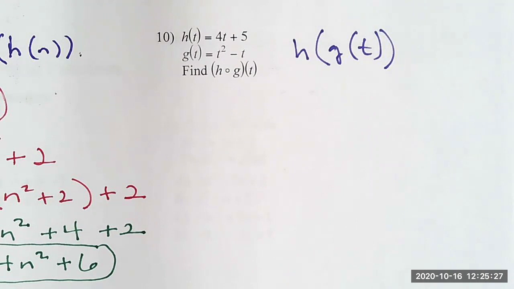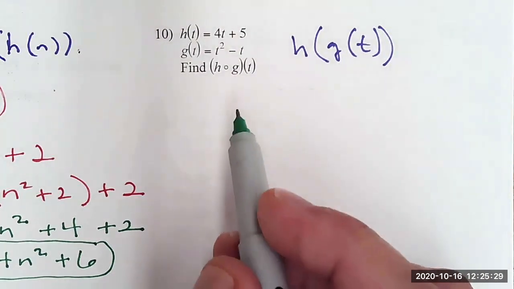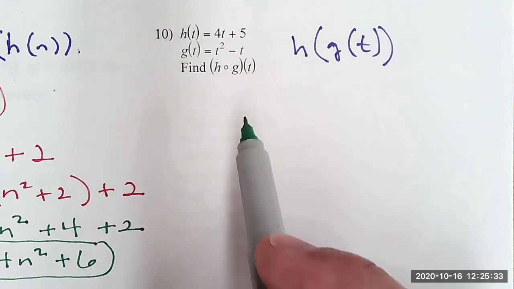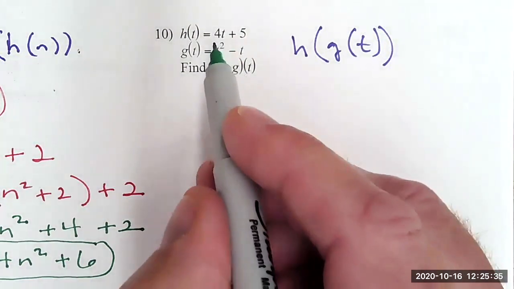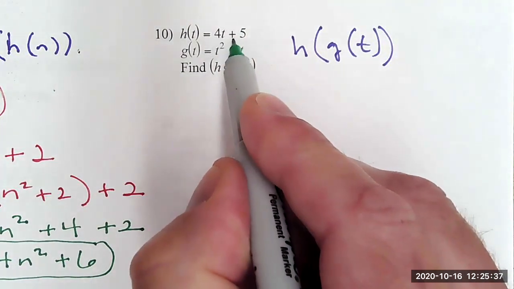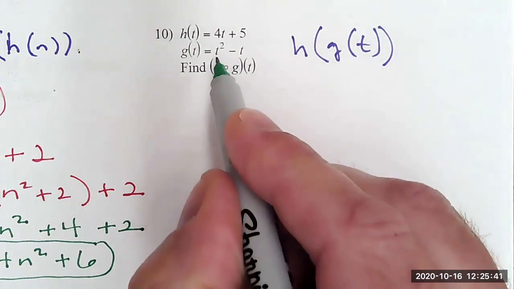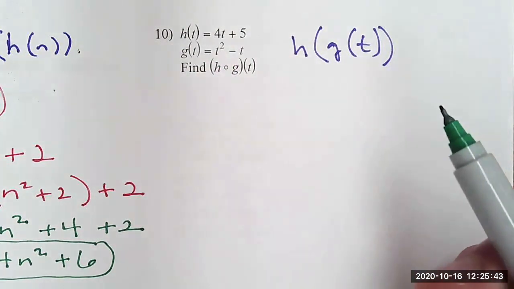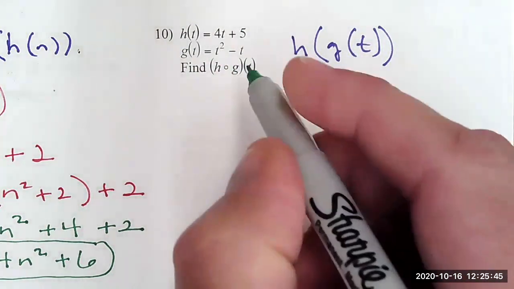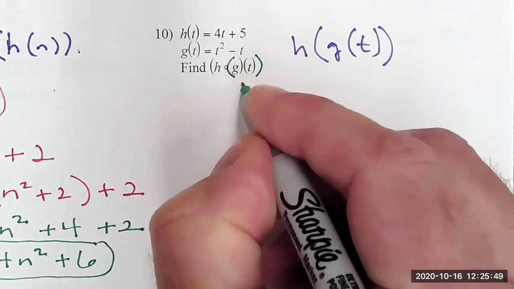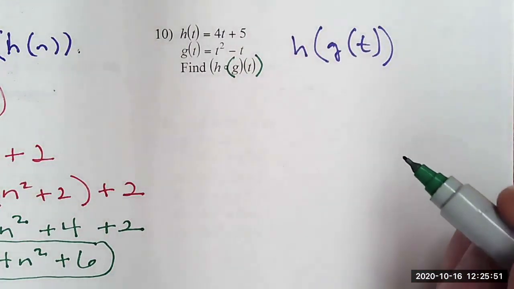For problem 10, I'm going to take you through the first step, and then I'm going to ask you guys to finish it. H is 4 times t plus 5, that's h of t. T squared subtract t, that's g of t. So we're inputting g of t into h.